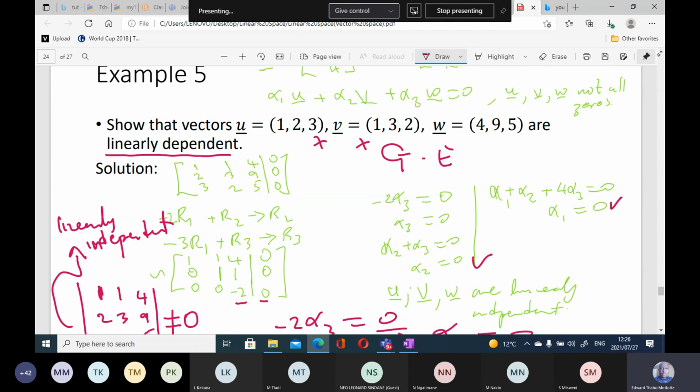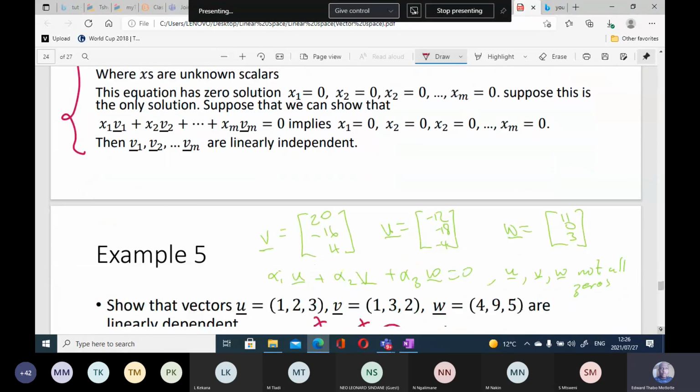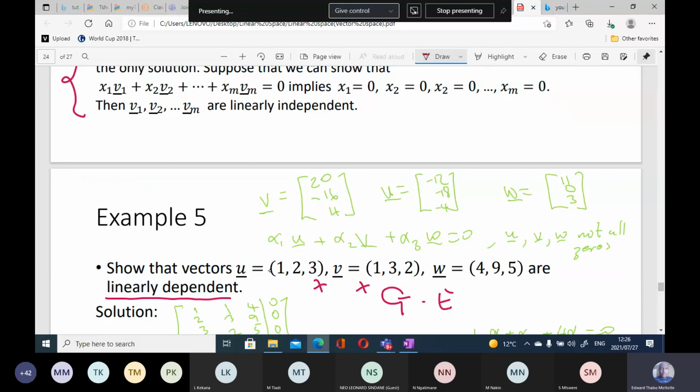So this is another method that you can use to show linear dependency and linear independence. Okay, so now because I realized that these vectors are linearly independent, I have given these three. If you solve these three, the one that I have on top, 1, 2, 3, you will end up with linear dependent. Basically, we have solved this type of questions.